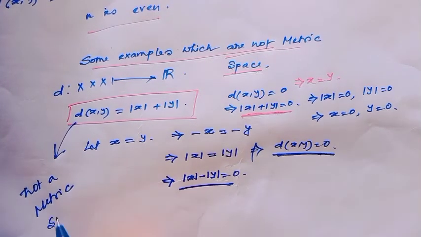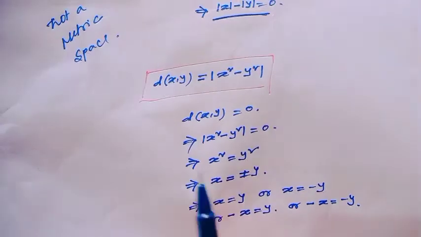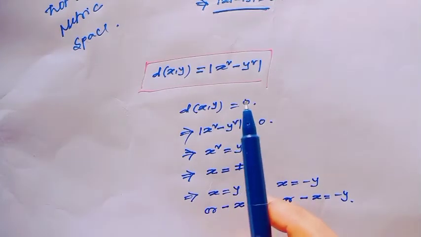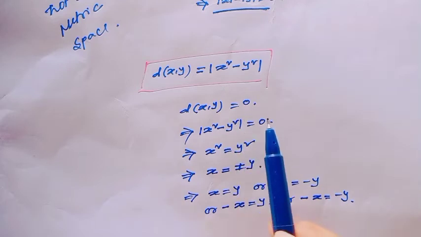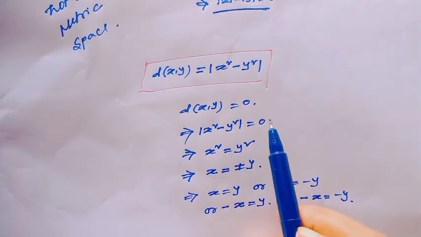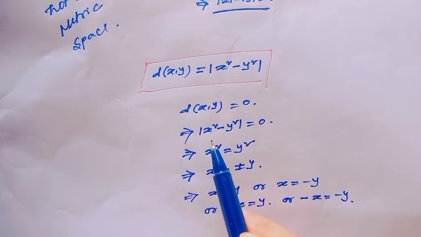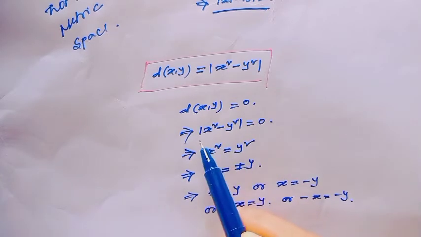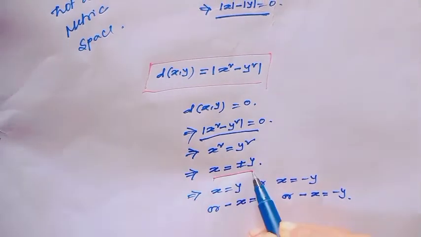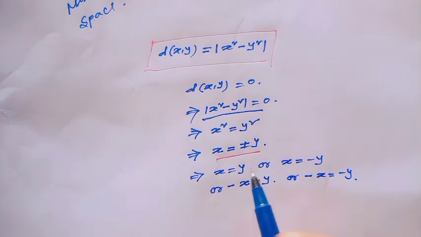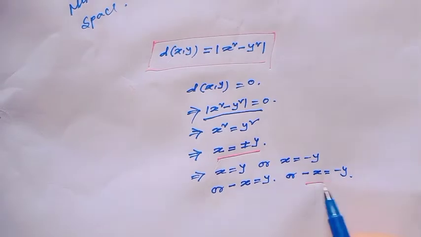Second example: d of xy equal to mod of x square minus y square. This is also not a metric space, because d of xy equal to 0 means mod of x square minus y square equal to 0, and from this expression we can tell x square equal to y square, that means x equal to plus minus y, and x equal to plus minus y means either x equal to y or x equal to minus y or minus x equal to y or minus x equal to minus y.